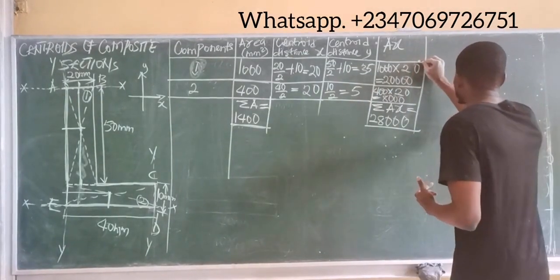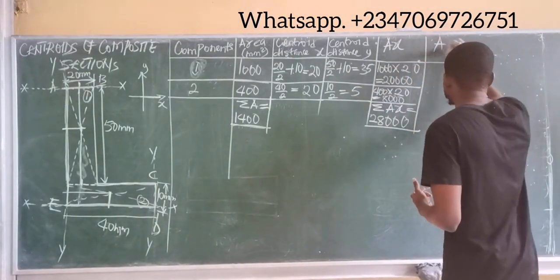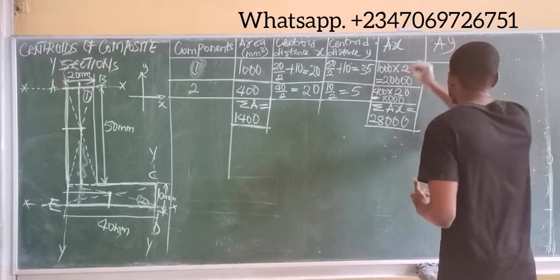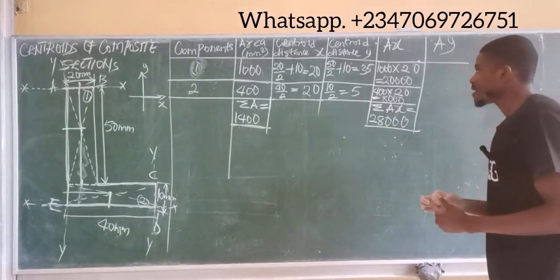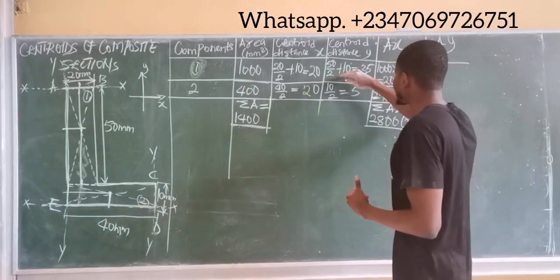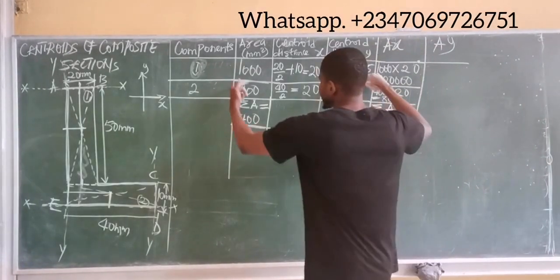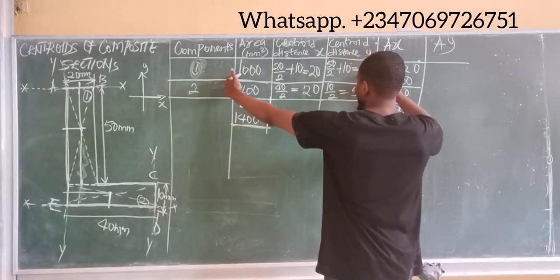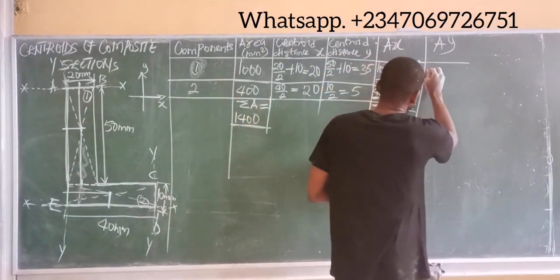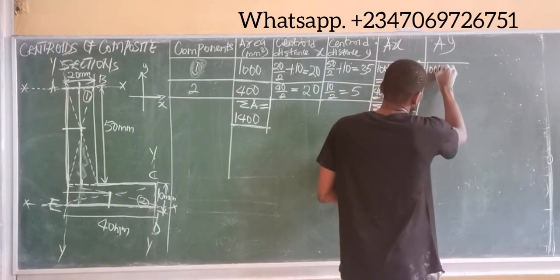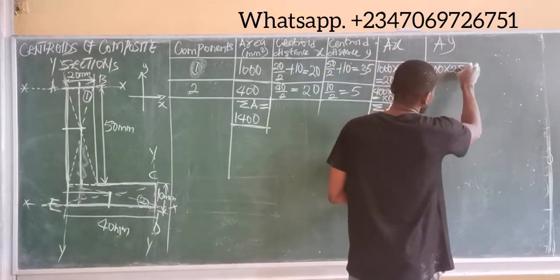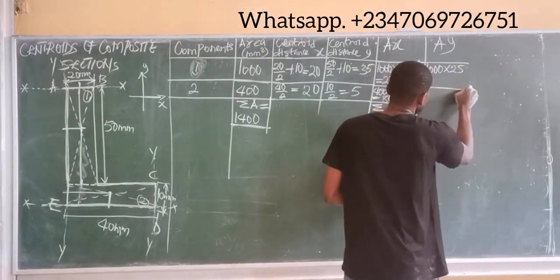Next is to find the product of the area of each of the segments and the central distance in the y-axis. And the central distance in the y-axis for this first shape is 25. So we have the area, which is 1000, multiplied by 25.